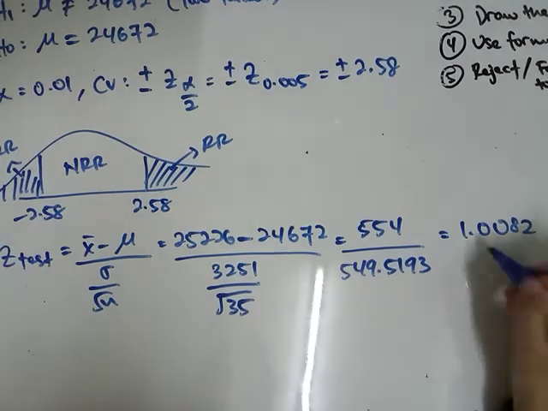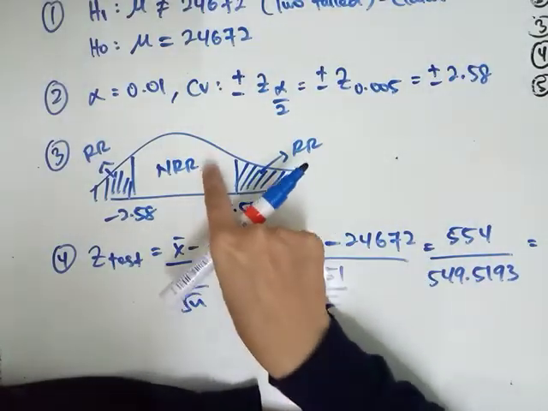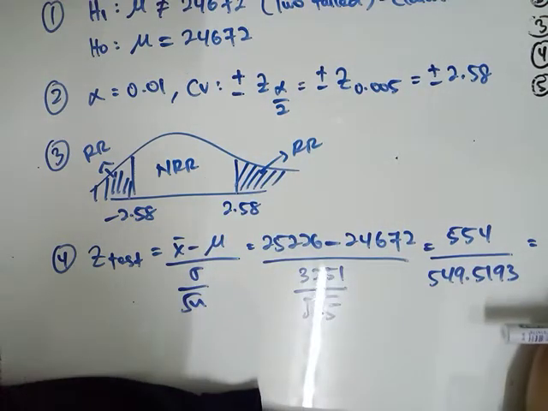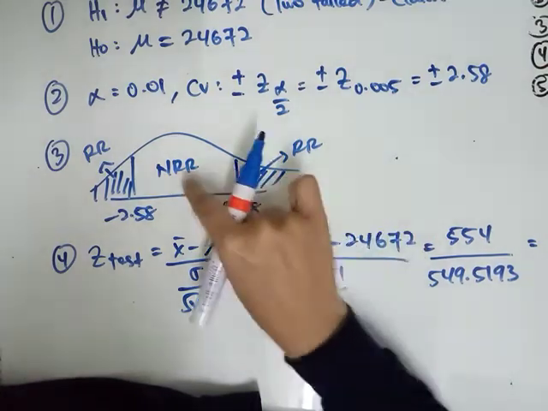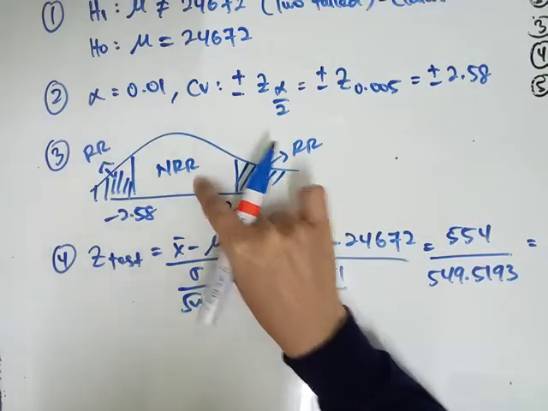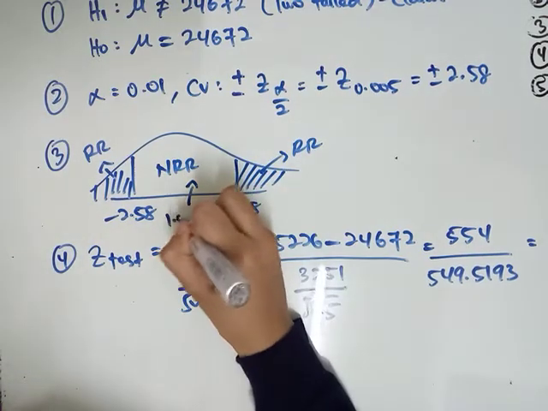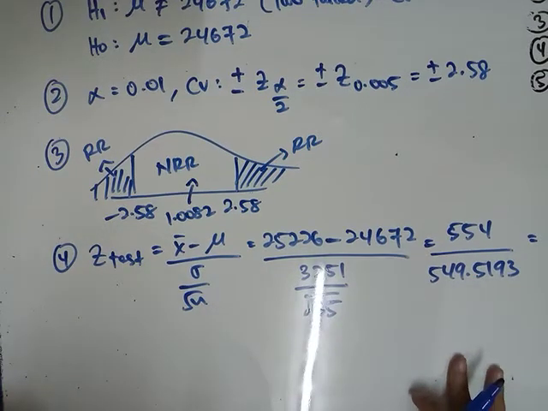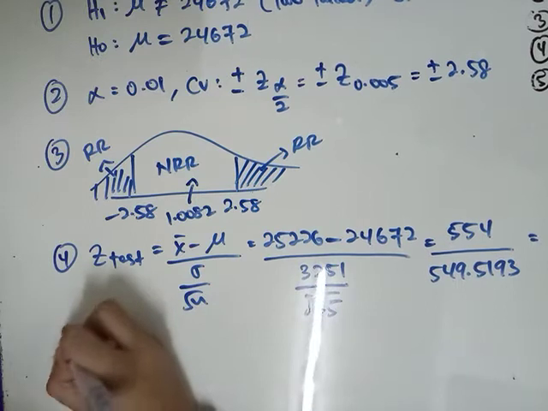Okay, so this value, refer to the graph. 1.0082, is it in the RR position or NRR position? 1.0082 is in the NRR position. What is meant by NRR? It is fail to reject H0.